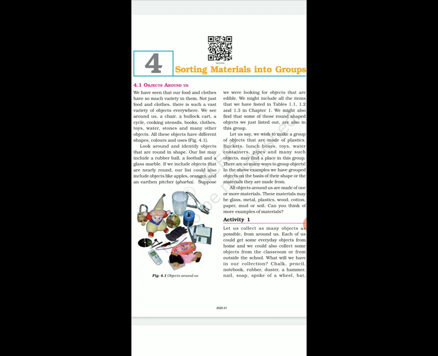Now one group has the objects that are made from paper or wood, while the other group has the objects that are not made of these materials, right? Similarly, we could separate the things that are used for preparing food. Things which are used to prepare food and which are not used. This is another way of grouping the materials.